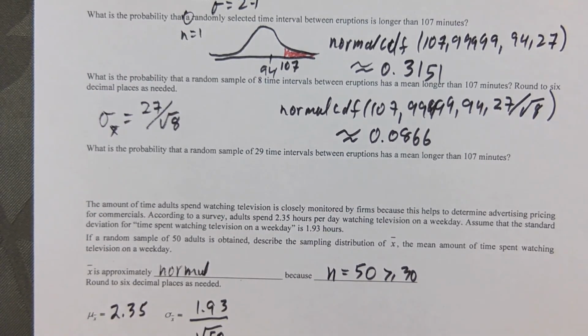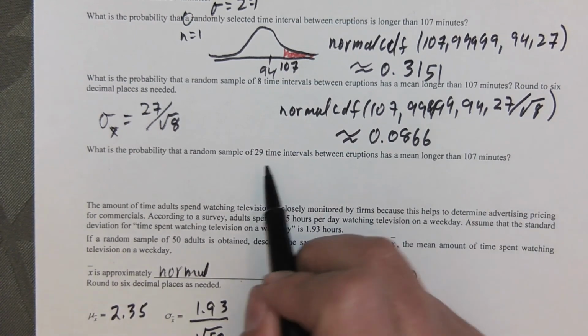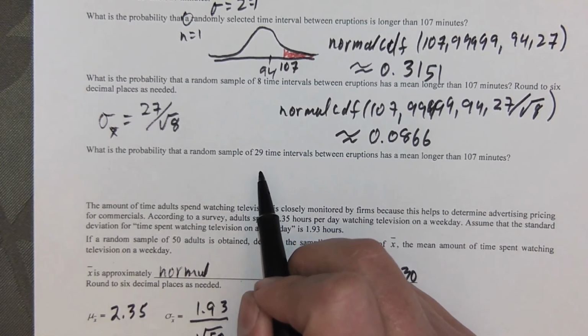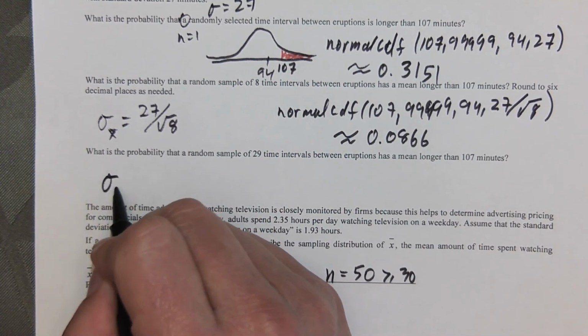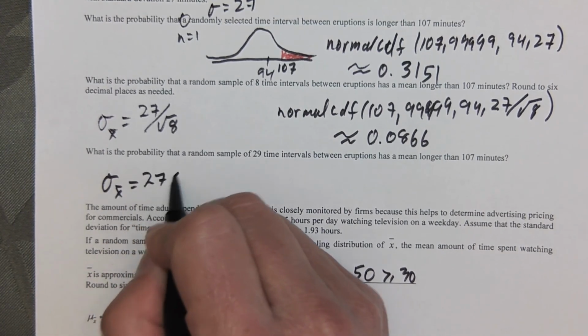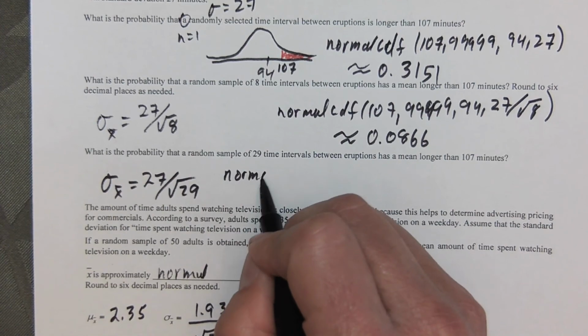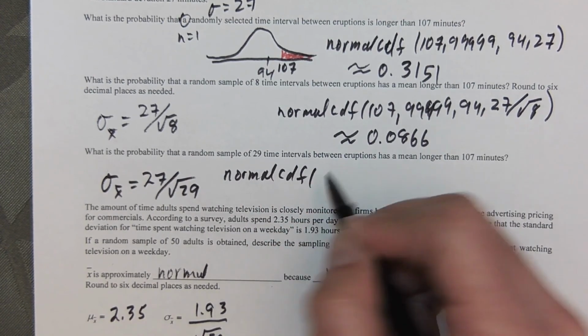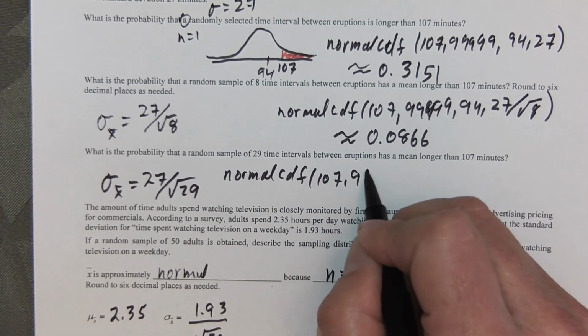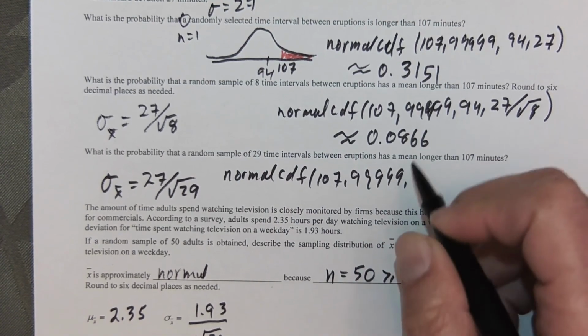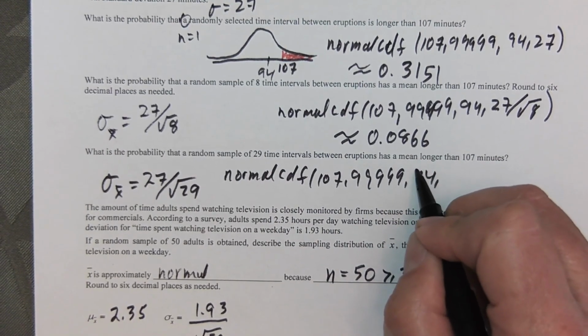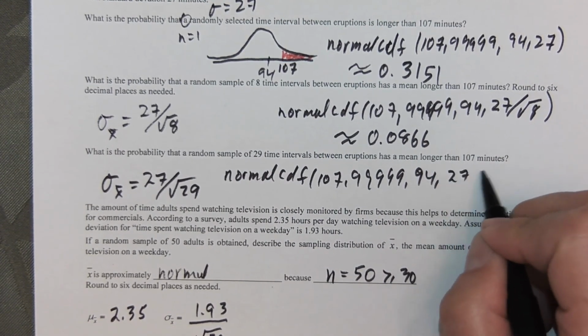What is the probability that a random sample of 29 time intervals between eruptions have a mean longer than 107? Now that it's gone up, that's going to be way lower. So now our standard deviation is 27 divided by root 29. And now it's 27 divided by root 29.